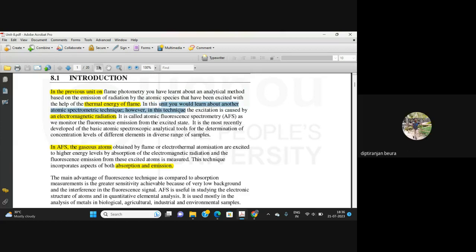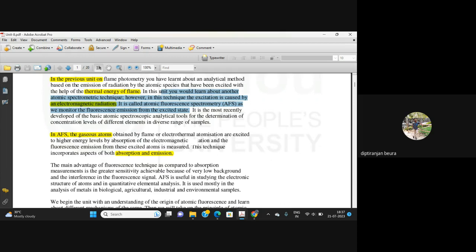However, what is the difference? The excitation is caused by electromagnetic radiation, and it is called atomic fluorescence spectrometry, which monitors the fluorescence emission from the excited state. Again, by the end of this unit, you will be clearer on this subject.